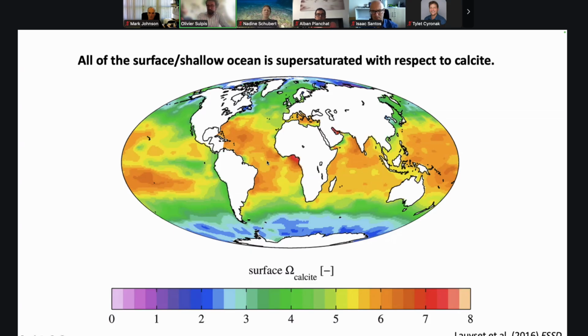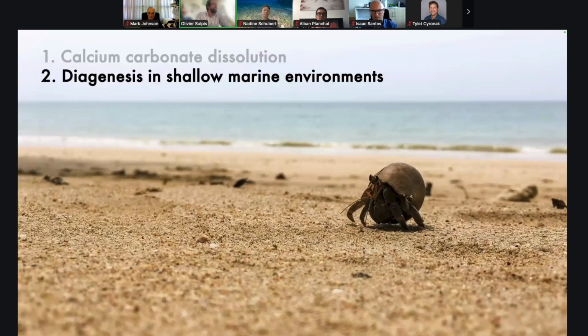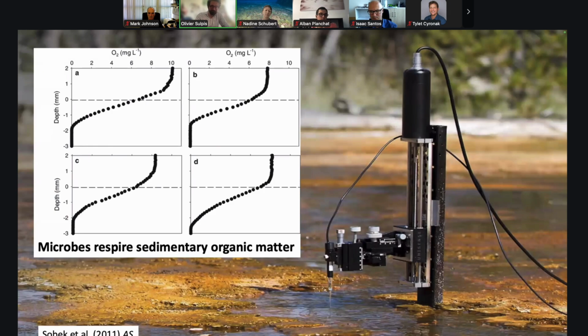It's obviously not the case, and it's largely because a lot of dissolution occurs in microenvironments, either within particles or within sediments, where the saturation state that matters is not the omega of the water column, it's the saturation state of the pore waters, and sediment waters are very different from the bottom waters above the seafloor.